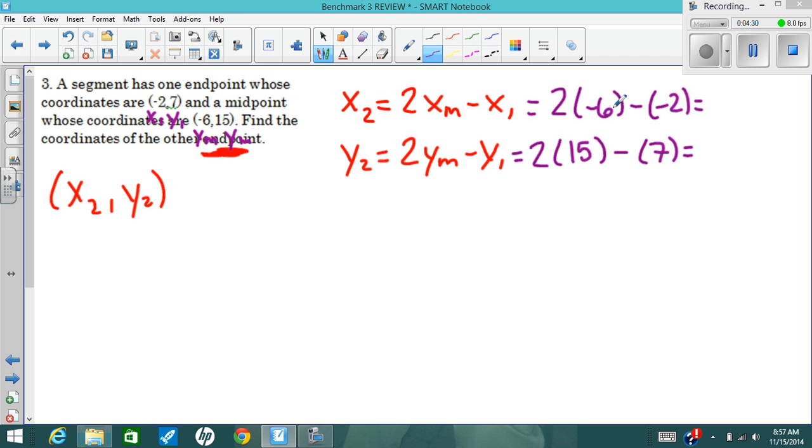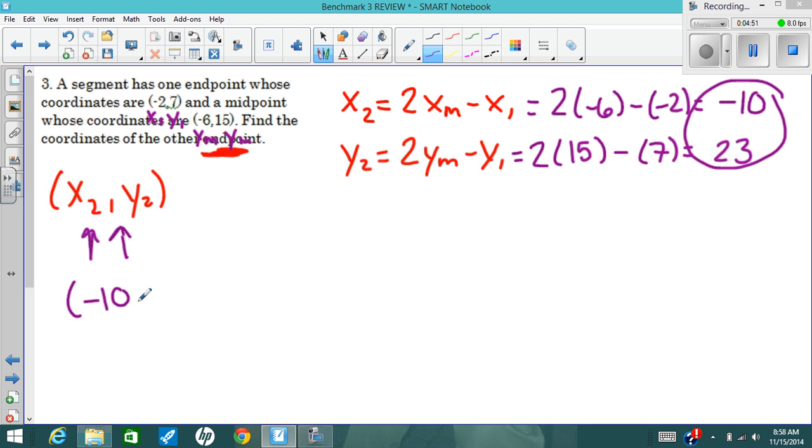So I get negative 12. This minus minus makes a plus, so negative 12 plus 2 gives me negative 10. I get 2 times 15 is 30, minus 7 is 23. So I'm going to take these numbers and plug them in over here. My answer is negative 10, 23. And that is the other endpoint of that segment.